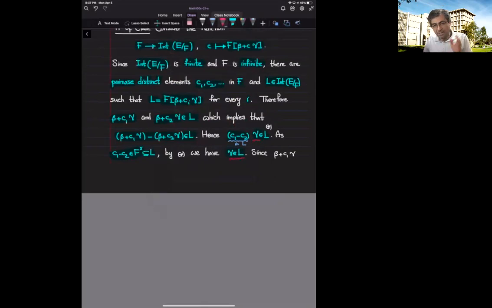Now that gamma is inside L, remember all these elements were inside L, and gamma turns out to be inside L as well, and therefore beta should be inside L as well.